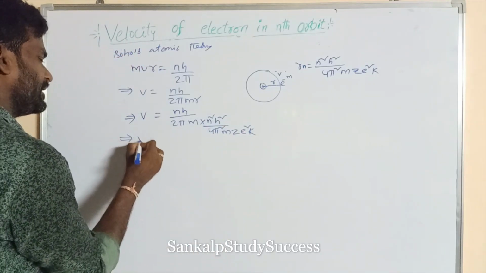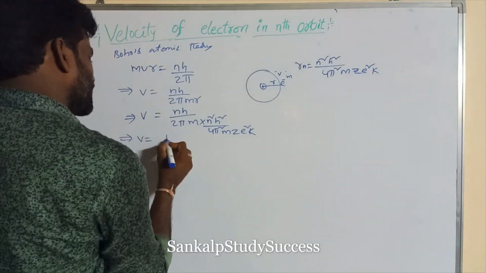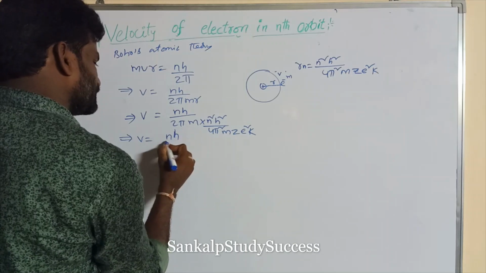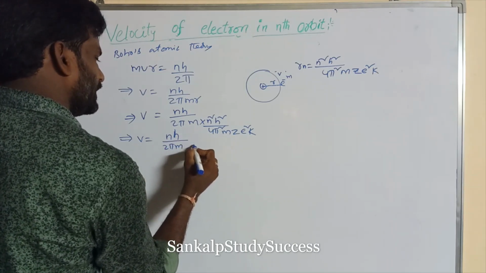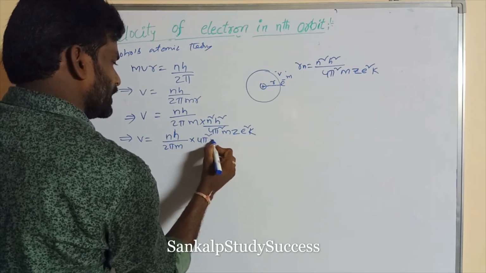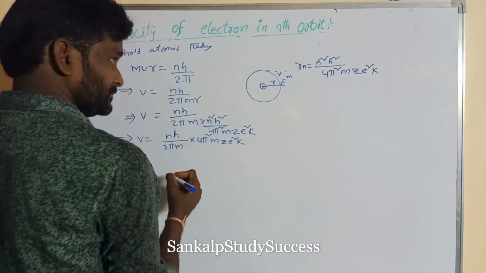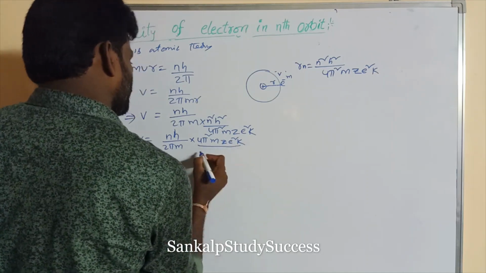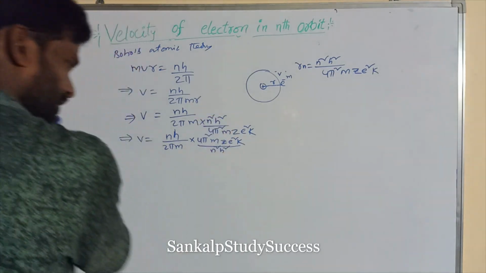Now v, velocity of electron, can be written as nh by 2 pi m into 4 pi square m z e square k by n square h square, right?